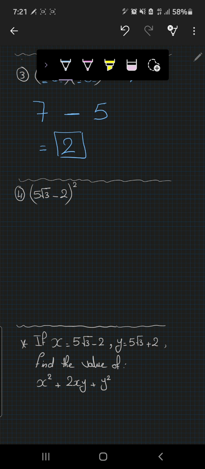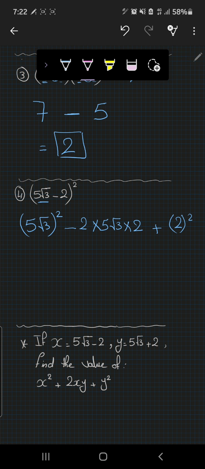Okay, 5 root 3 minus 2 all power 2. Here we get the first power 2. What's the first? 5 root 3, 5 root 3 all power 2. Negative, like the middle, 2 multiply first multiply second, 5 root 3 multiply 2, plus the second power 2.